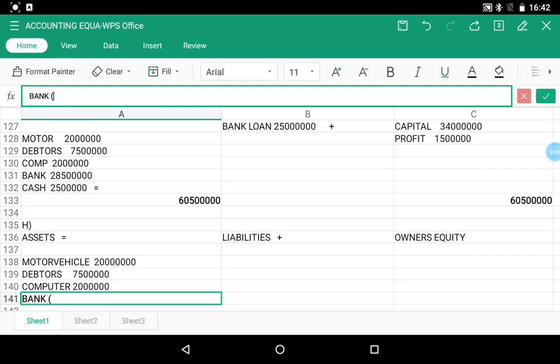The balance for bank was 28.5 million, less 2 million, and we shall get 26.5 million. So that is our bank.